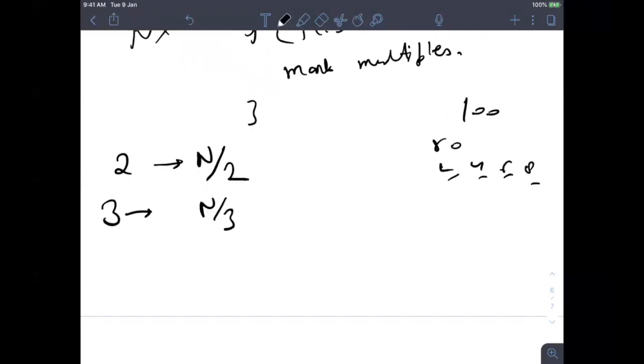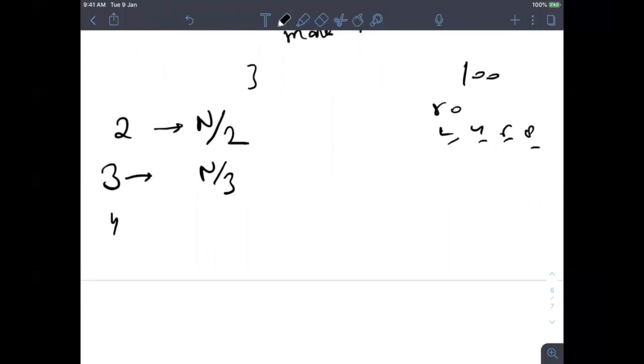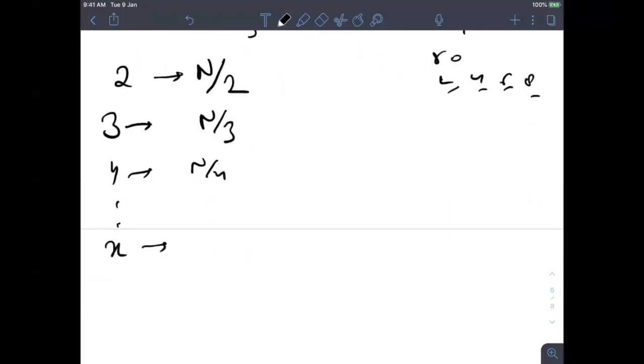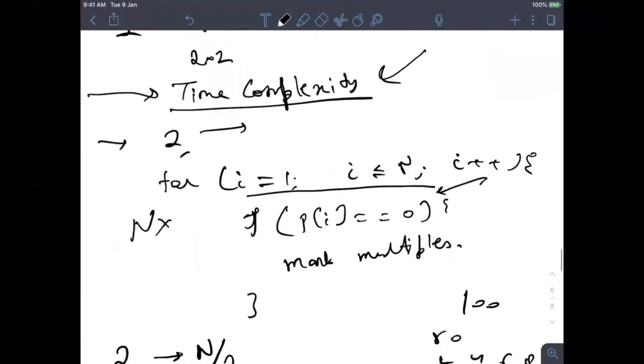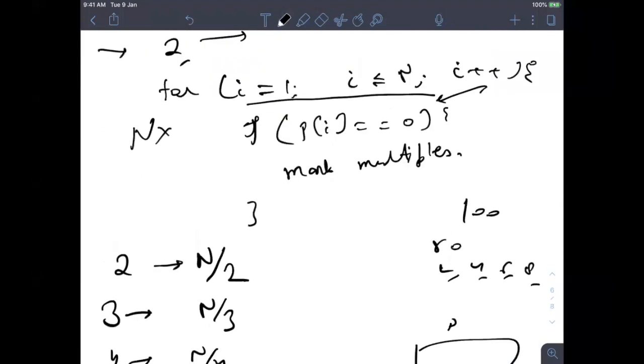It's very basic maths, right? For 4, it will be n by 4 and so on. Basically, the number of multiples of x inside n will always be n by x.